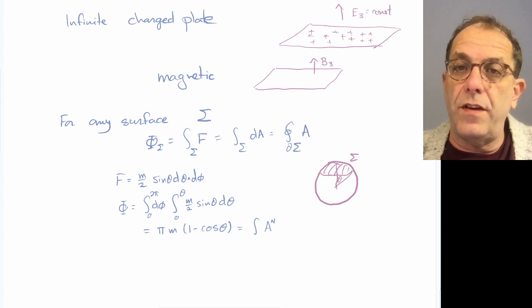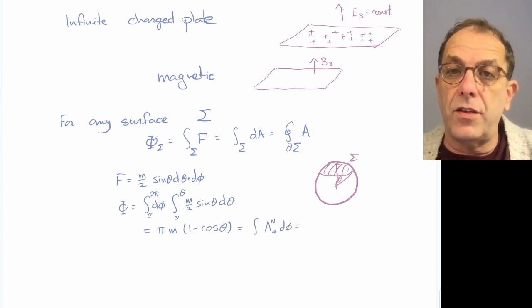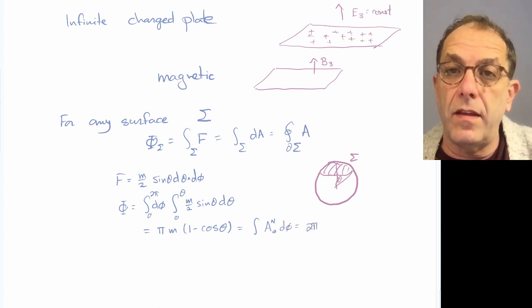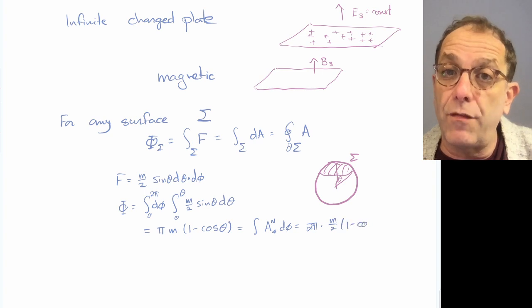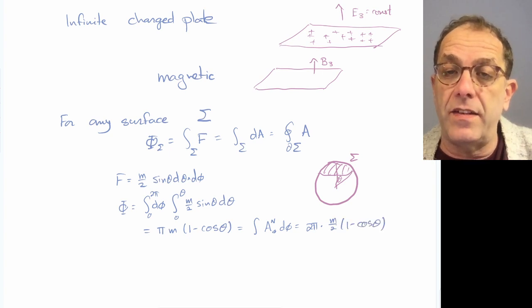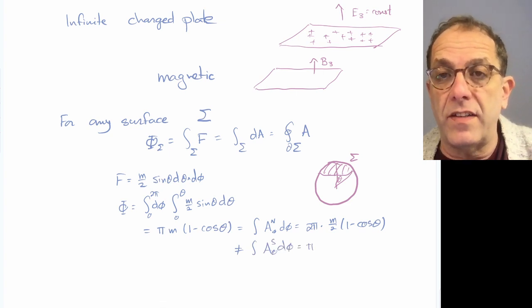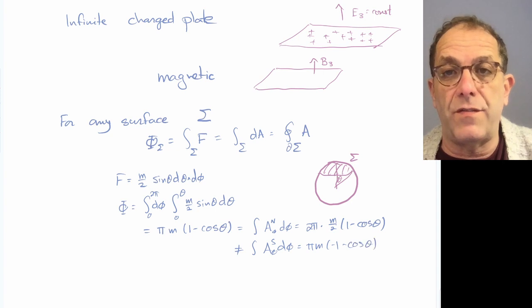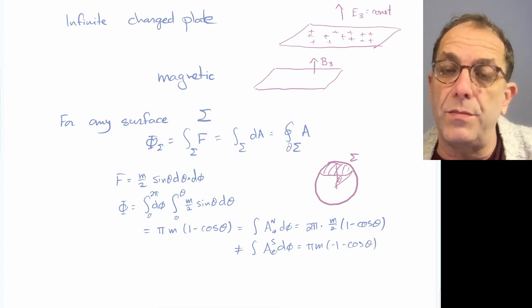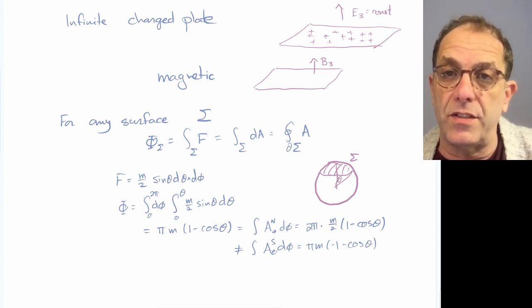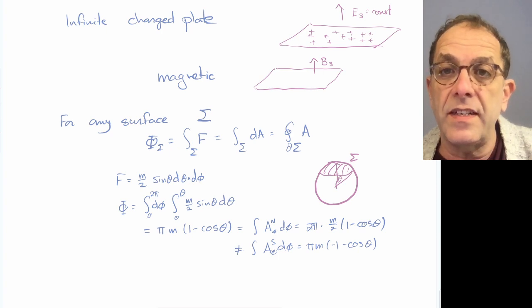But it is different from the integral over the potential if we took the other form of the potential, valid for the southern hemisphere. So the definition of the flux in terms of the magnetic field was well defined, but not in terms of the potential, because the potential is subject to gauge invariance.